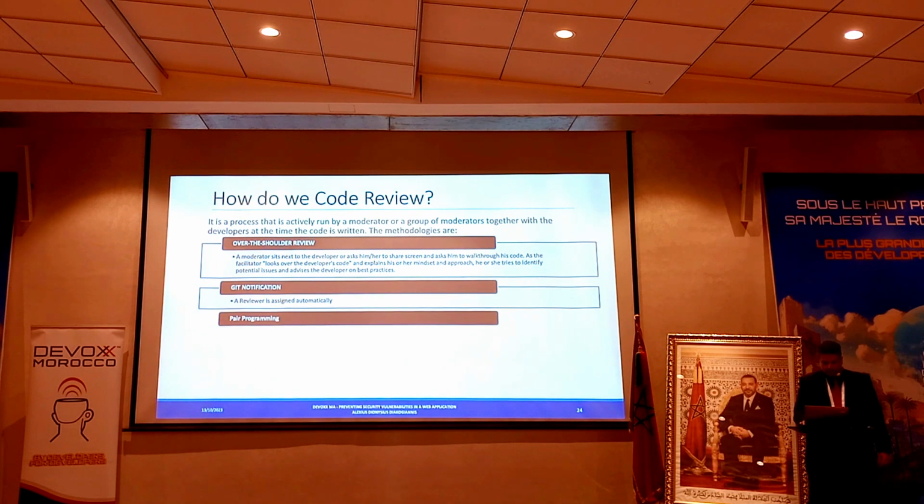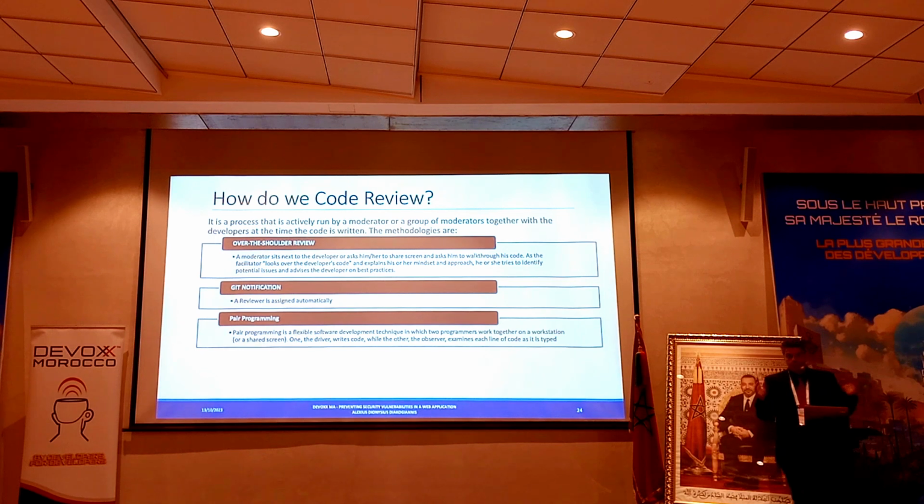Another favorite of mine is pair programming, the extreme technique where two people are sitting at the same computer. One is the driver who writes the code, and the other one is the observer. But be careful. If you're going to follow this, change the roles approximately every 30 minutes.